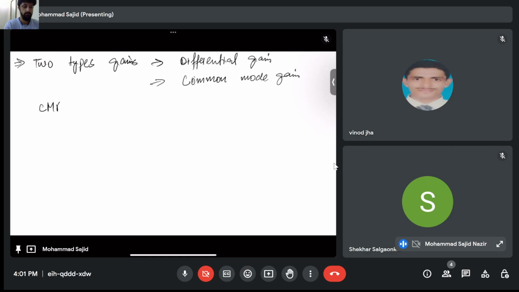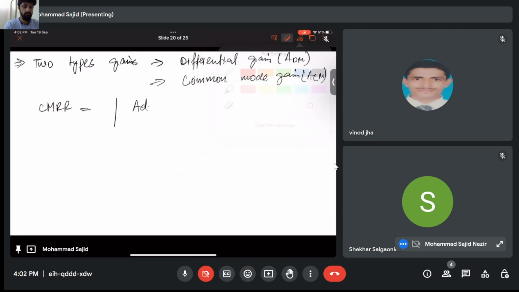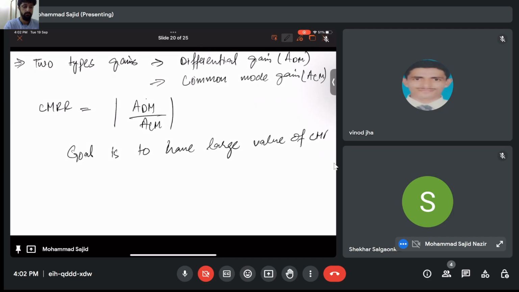And then there is one more term, that is CMRR, that is equivalent to ADM, differential mode, divided by ACM. The goal is to have a large value of CMRR.